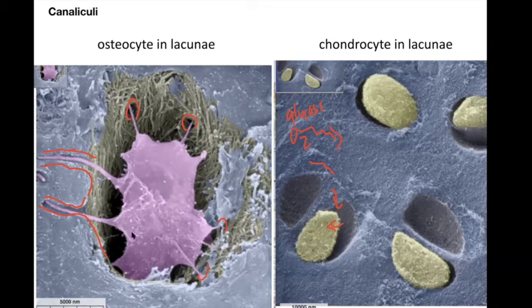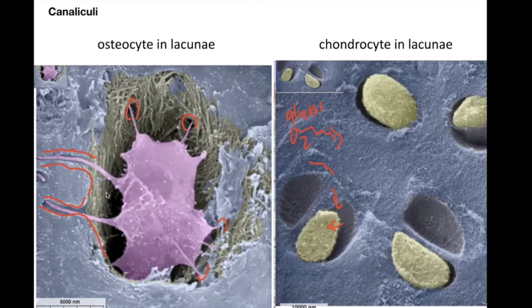So these canaliculi are a way for the nearby blood vessels to get nutrients and oxygen through, because these canals connect to tissue that does have blood vessels in it, since stuff can't diffuse through this matrix.